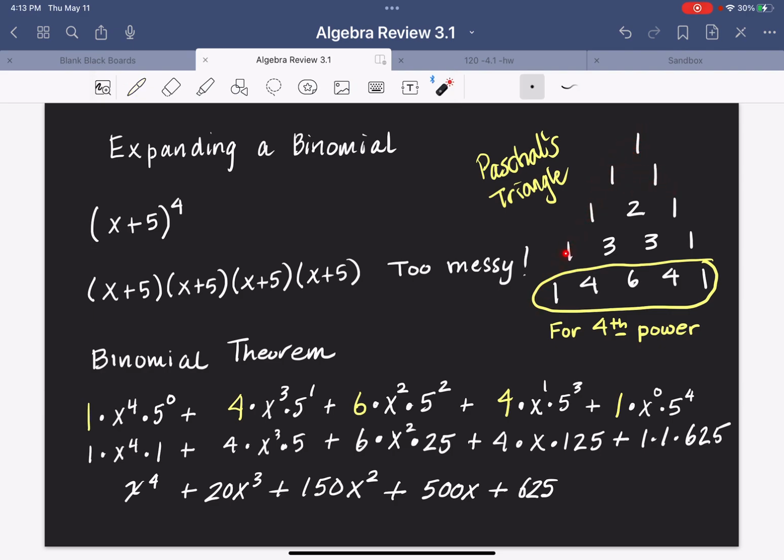We always have ones down this left diagonal and ones down the right diagonal. To find the numbers in between, we simply add the 2 numbers above. So like here, I get a 1 plus a 3 is a 4. A 3 plus a 3 is a 6. A 3 plus a 1 is a 4.